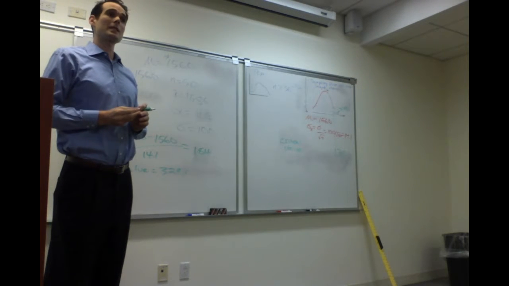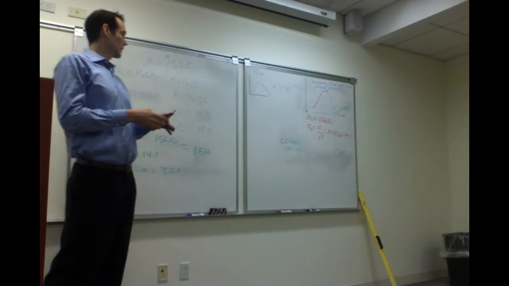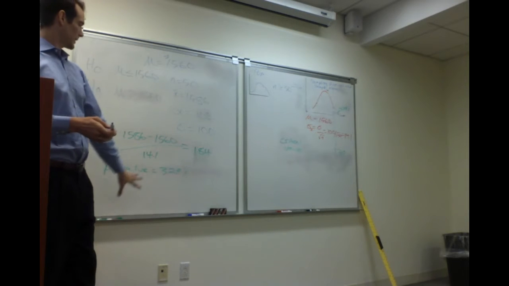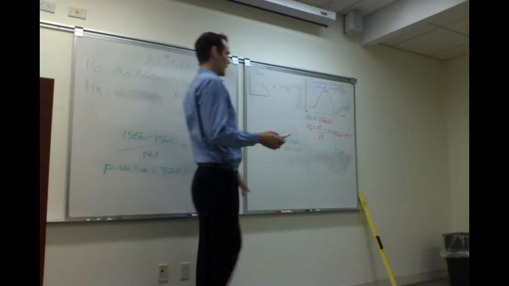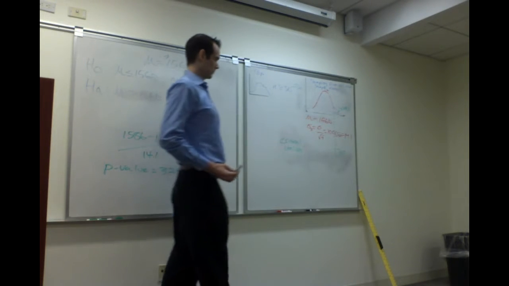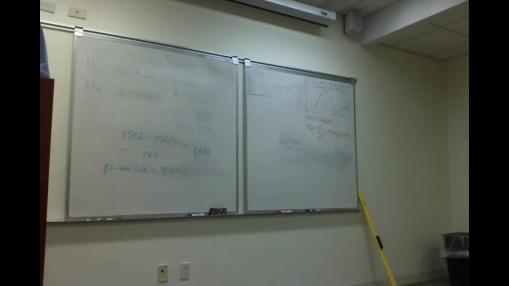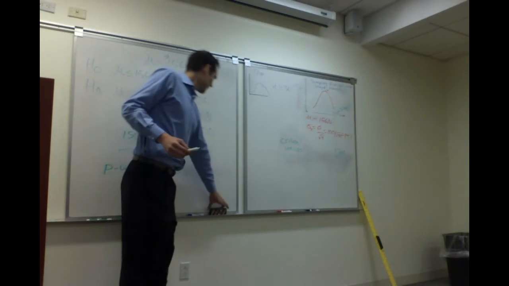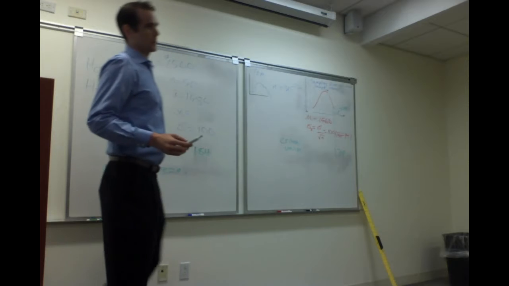Let's adjust the significance level. Recall last time when we adjusted the significance level, none of the calculations on this side changed. The only thing that changed were the critical values. So let's look at a significance level of 5%. Let's say 10%, yeah, I'm really not comfortable with 10%.